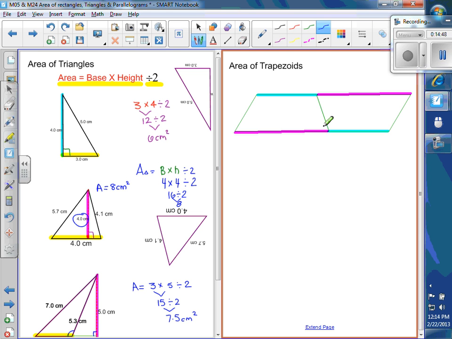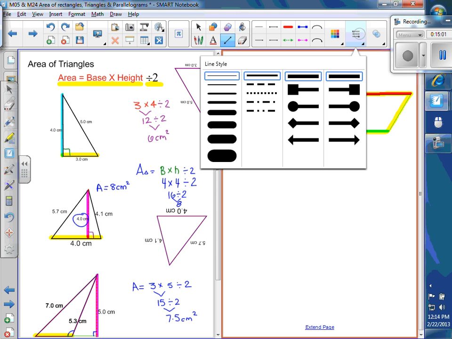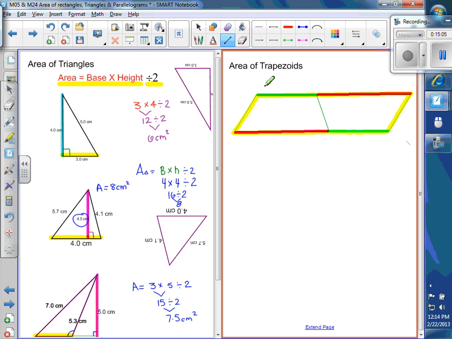So if you look at my new shape, it is a parallelogram. And the height of that parallelogram would be right there. It would make a square angle with the base.